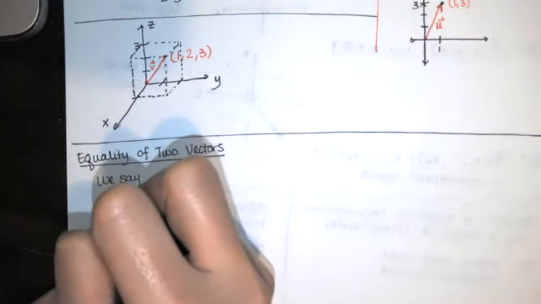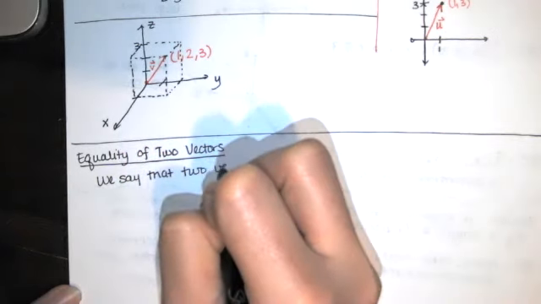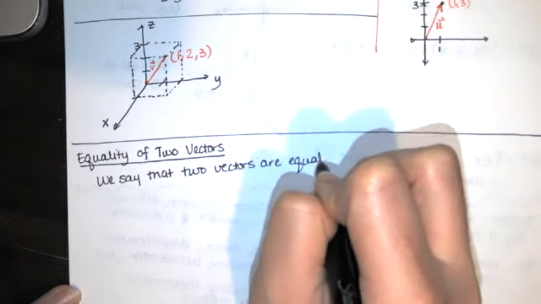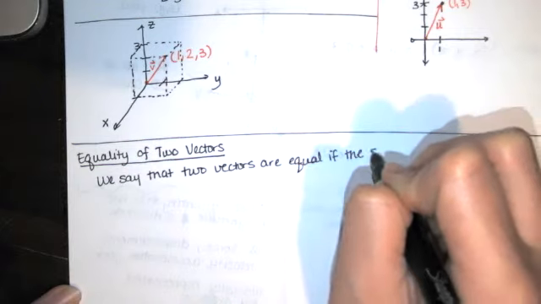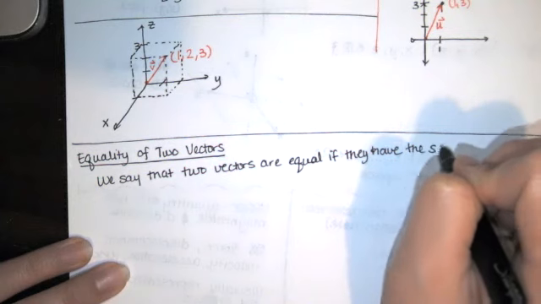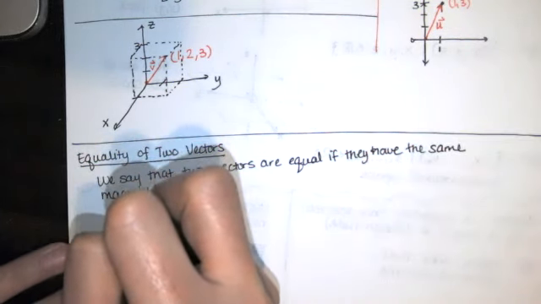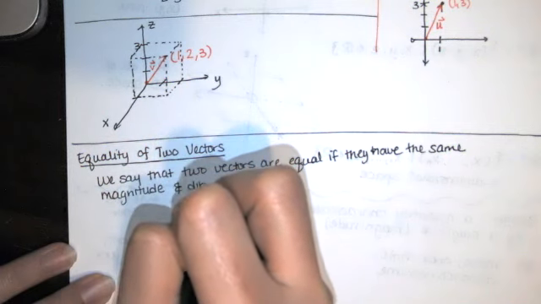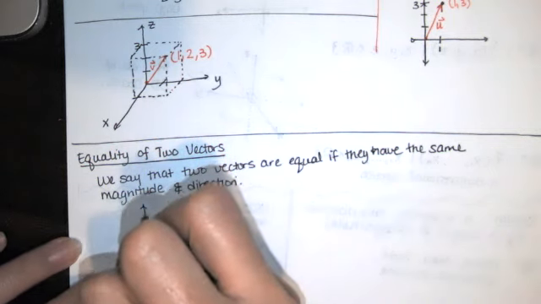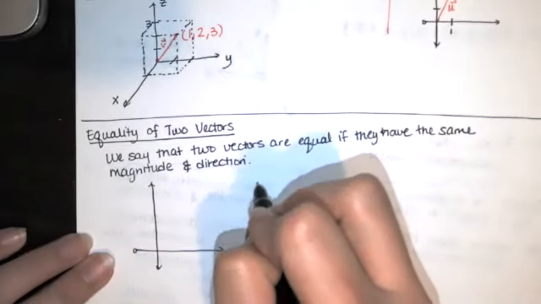We tend to say that two vectors are equal if they have the same magnitude and direction. So the vector u can be written this way.